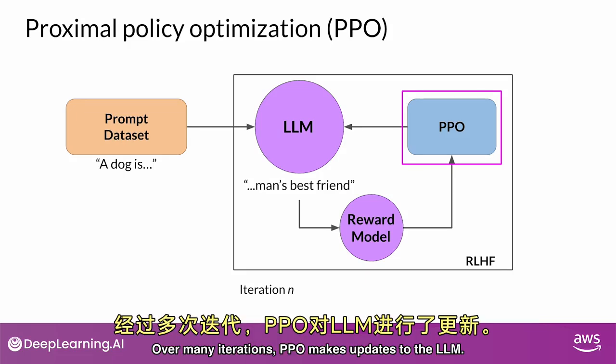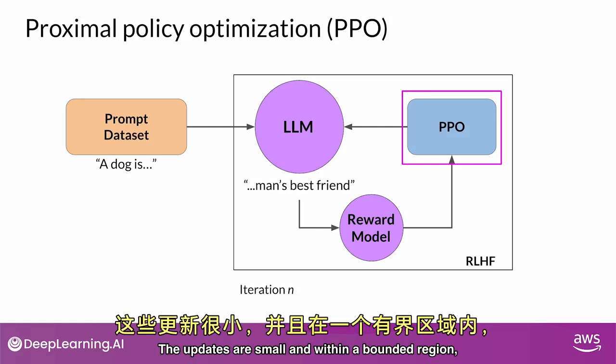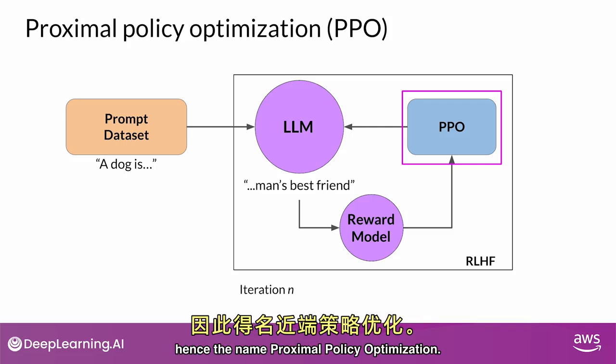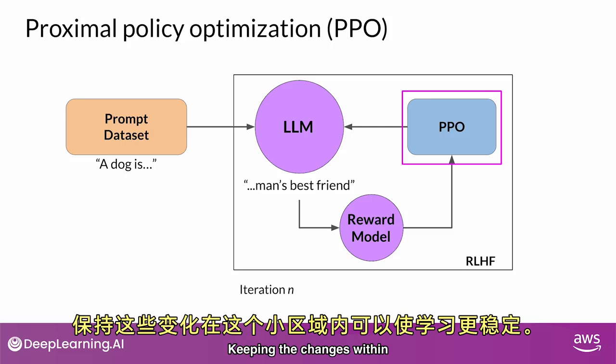Over many iterations, PPO makes updates to the LLM. The updates are small and within a bounded region, resulting in an updated LLM that is close to the previous version. Hence the name Proximal Policy Optimization. Keeping the changes within this small region results in a more stable learning.